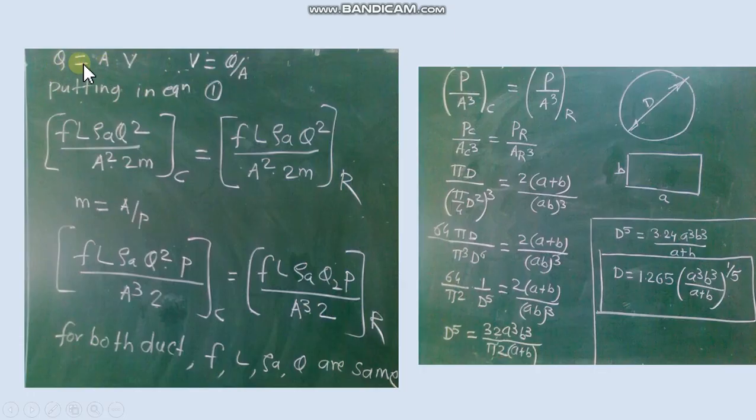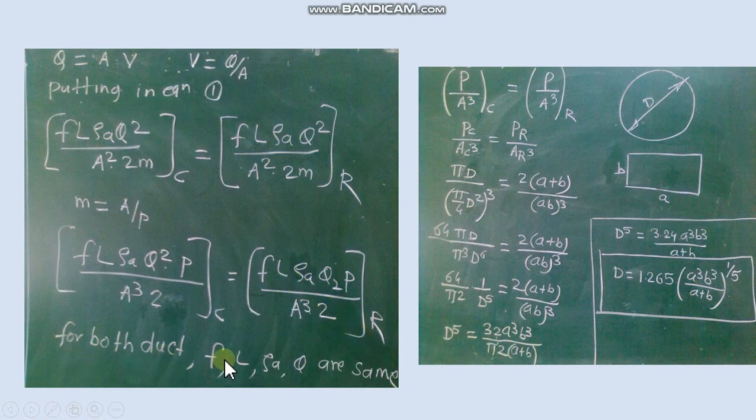We substitute Q equal to AV, so V is equal to Q by A. We substitute here, and we get the expression in the form of Q. After that, M is equal to A by P. By this substitution, we get the expression for the circular duct equal to the expression for the rectangular duct.